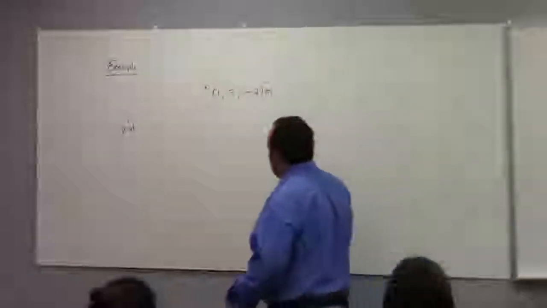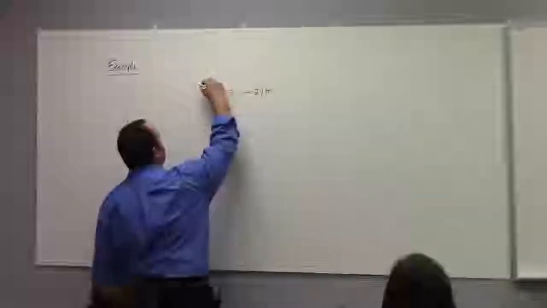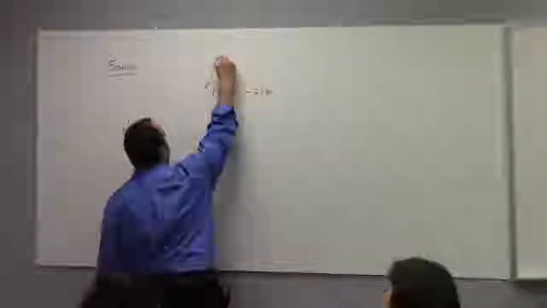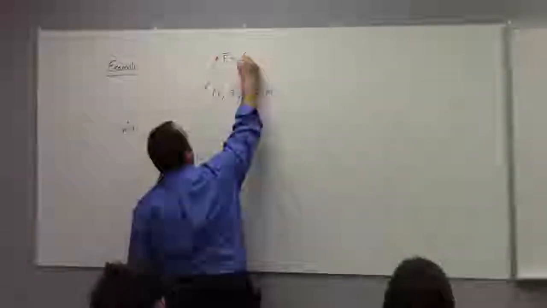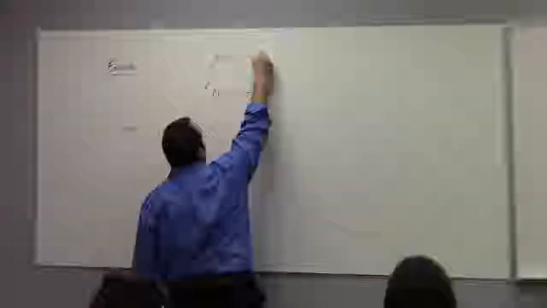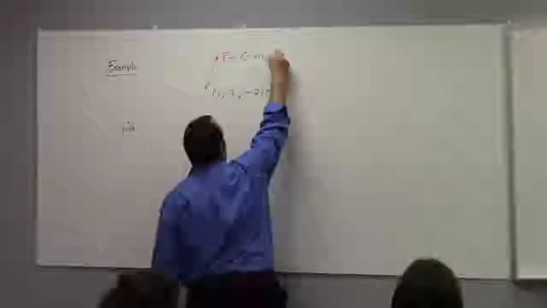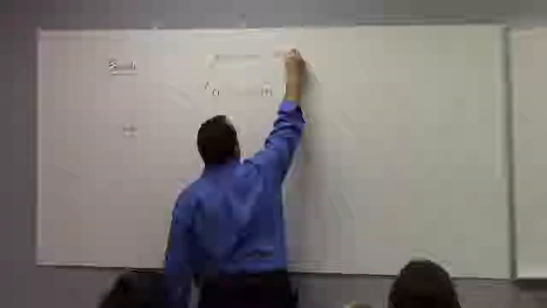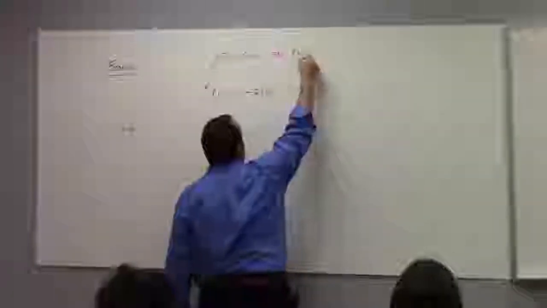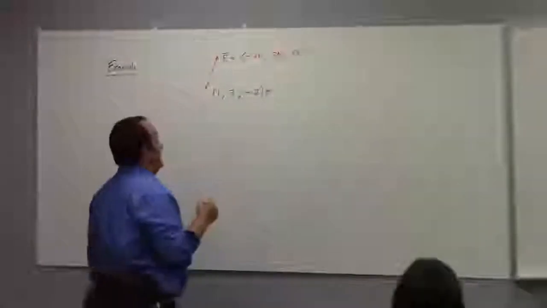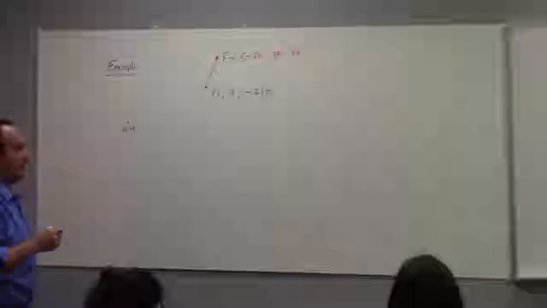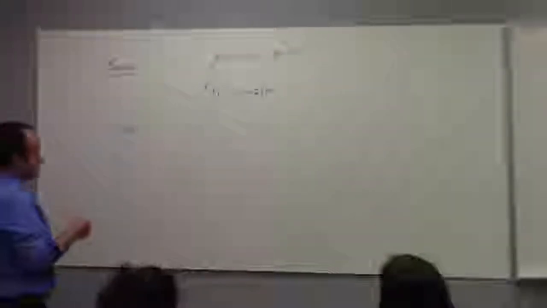Suppose we apply the force F equals, I don't know, how about minus 2 newtons, 3 newtons, 6 newtons. Are you going to write the units out to the right or inside the vector? Either way.